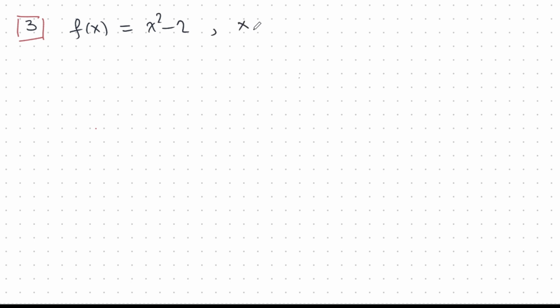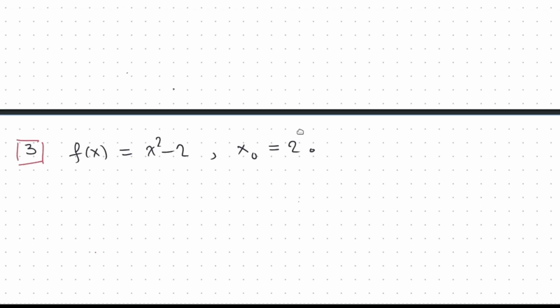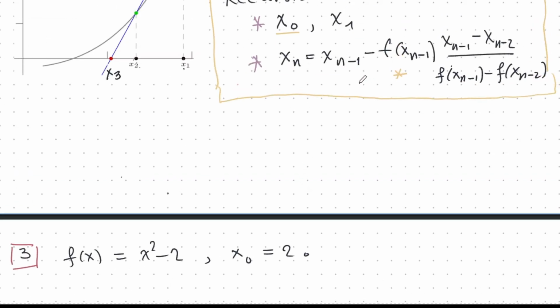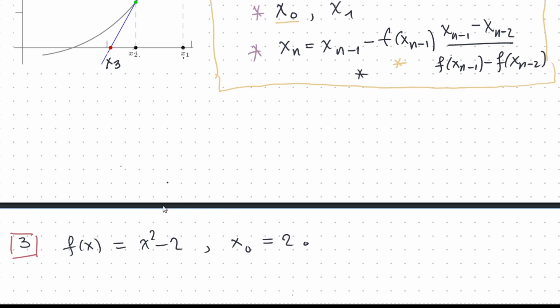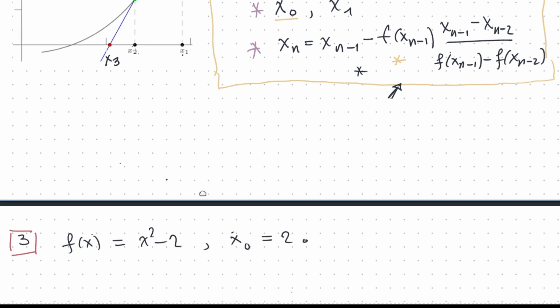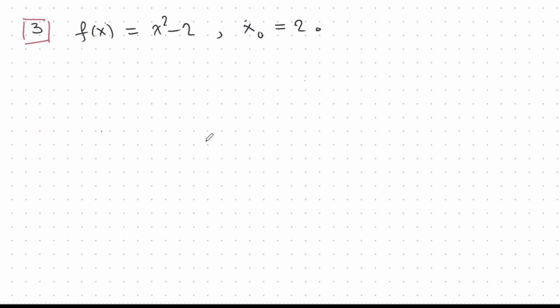And we'll fix one of the initial conditions, x0, to be 2. And now let's go back and use this recursion formula. We will plug in f of x and plug in x0 to get an approximation for x2 from x1.